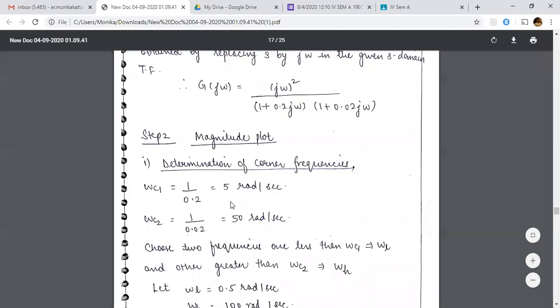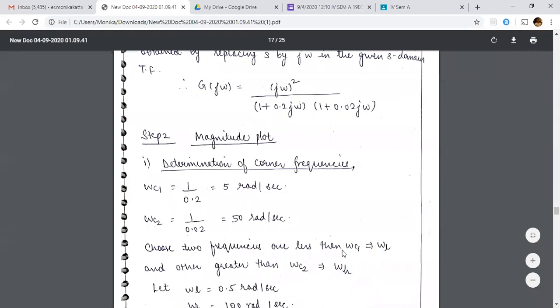When you have two or more corner frequencies, you will find the smallest corner frequency and choose one frequency lower than it, and you will choose another frequency higher than the highest corner frequency. In this case, we have only two corner frequencies, so I've chosen one less than 5, which is represented by omega L. I have chosen one greater than 50, which is represented by omega H.